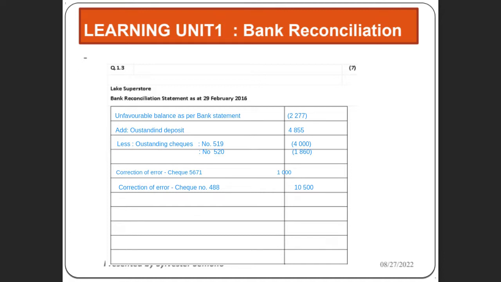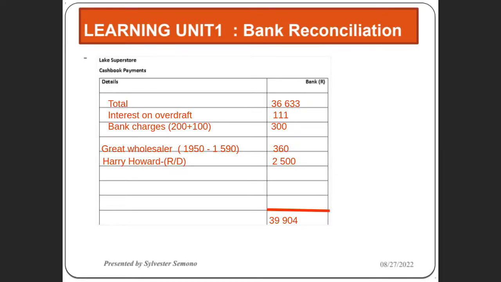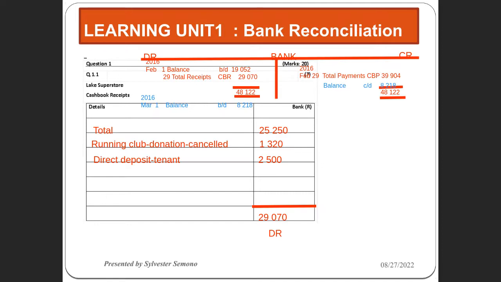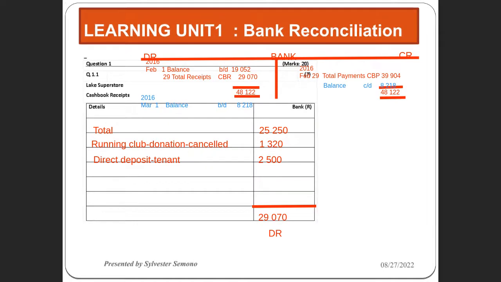So the only thing that we need to put here is the balance as per bank account. We need to go to the bank account that we opened and check whether the balance is favorable or unfavorable. Balance. Was it favorable, when you remember? I'm going back now. Yes, sir. Oh yeah, it was on the debit side. It means it was favorable, because we look at the brought down at the end.